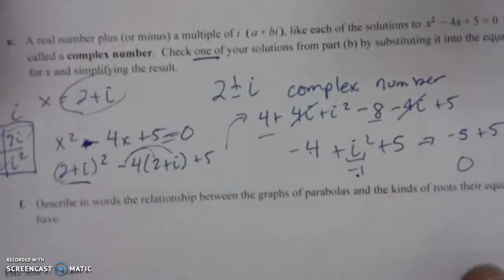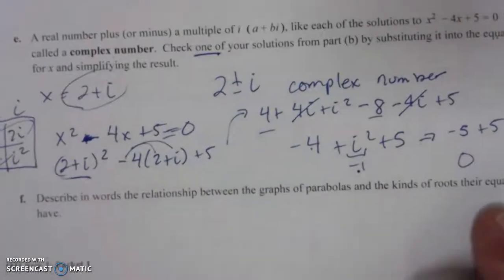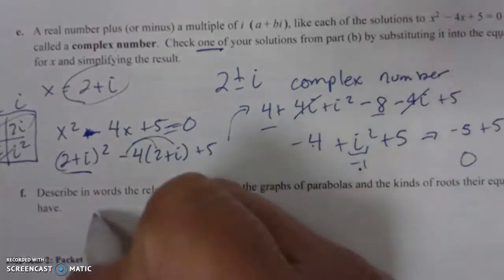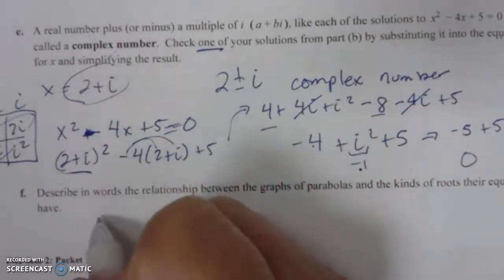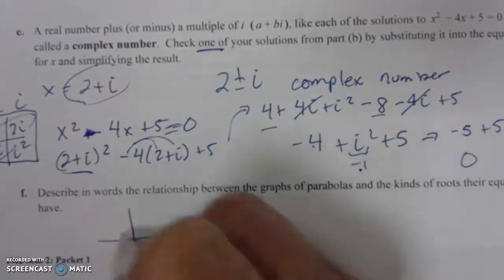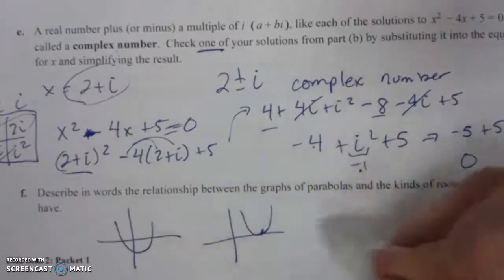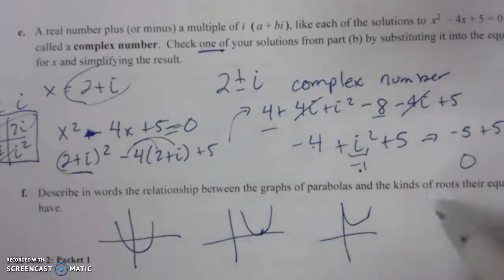Describe in words the relationship between the graphs of the parabola and the kinds of roots their equations have. Okay, so again, we're reviewing this. I can have a parabola that touches twice, a parabola that touches once, and a parabola that touches 0 times.